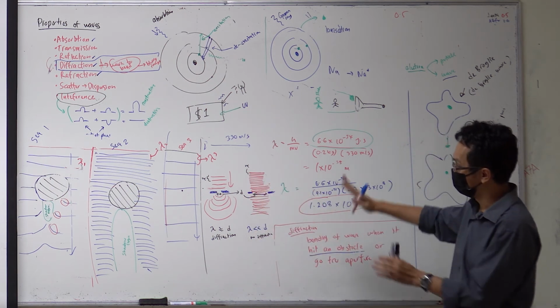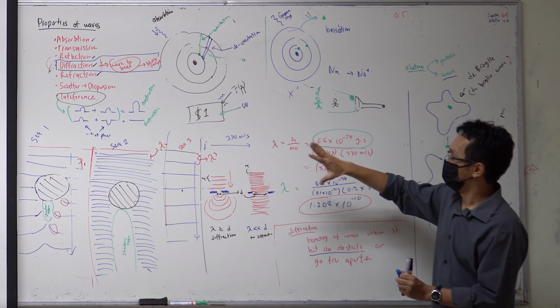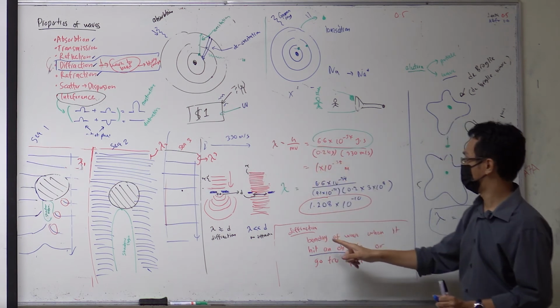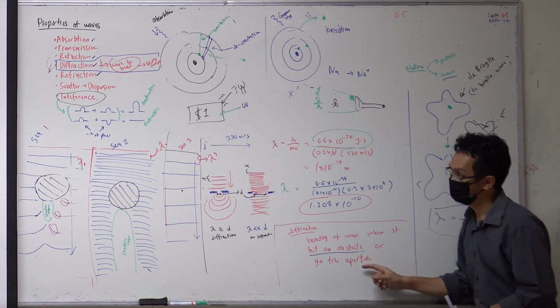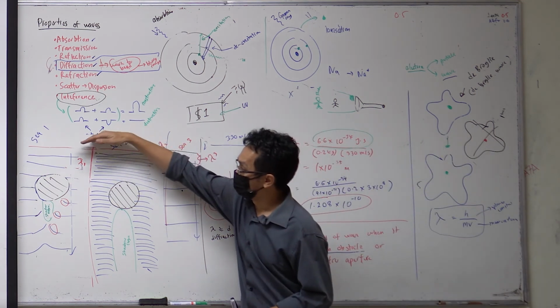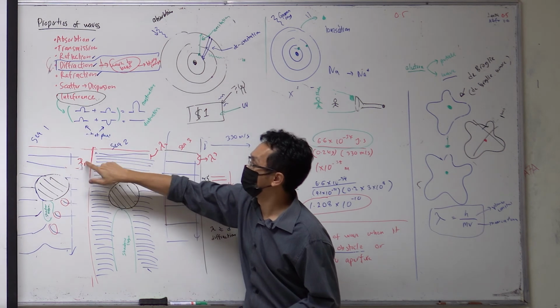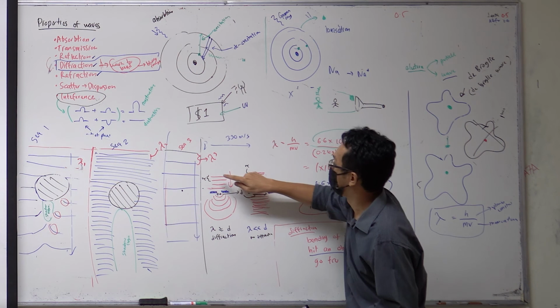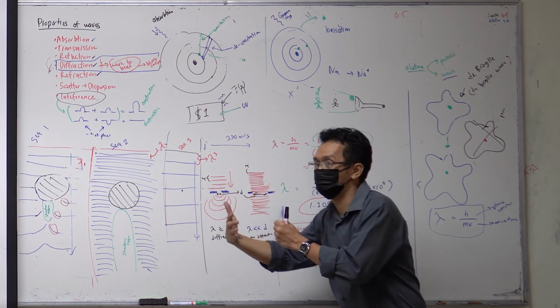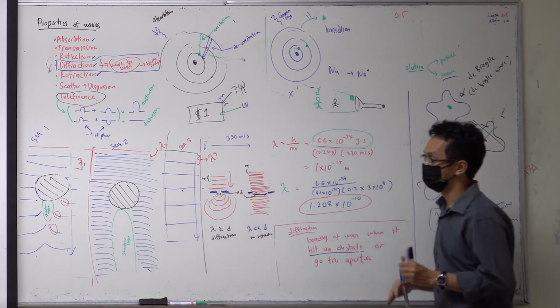For the time being, it is enough for you to understand this: diffraction is the bending of the wave when it hits an obstacle or goes through an aperture. What you need to know is what happens if the wavelength is bigger or smaller than the obstacle, and what happens if the wavelength is bigger or smaller than the opening.